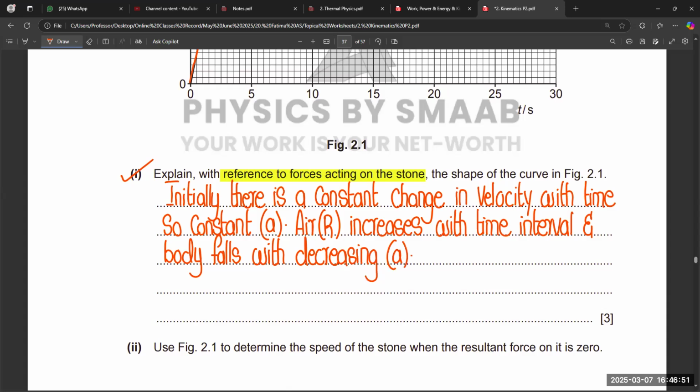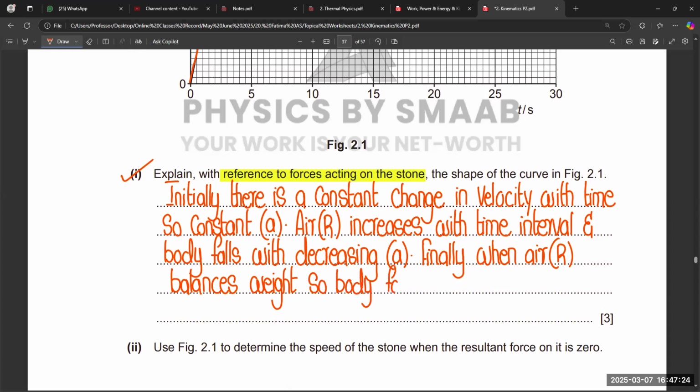With decreasing acceleration and finally, when air resistance balances the weight, the body falls with constant velocity.